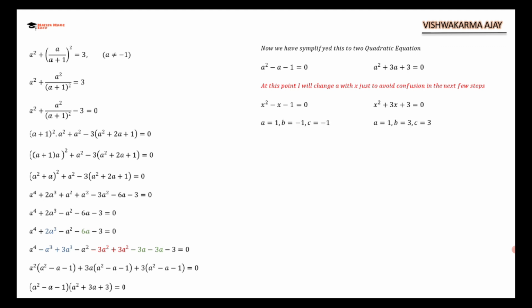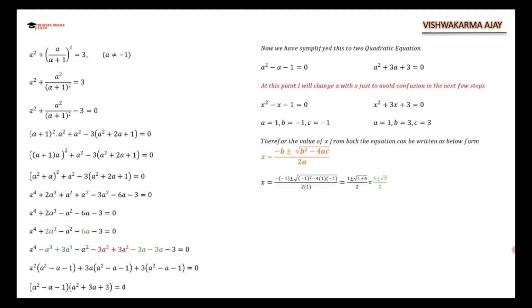We have a equal to 1, b equal to minus 1 and c equal to minus 1. In the second equation we have a equal to 1, b equal to 3, c equal to 3. Therefore the value of x can be written as minus b plus or minus the square root of b² minus 4ac, upon 2a. We will substitute the values of a, b, c from the above two equations into this one, and our answer is there.